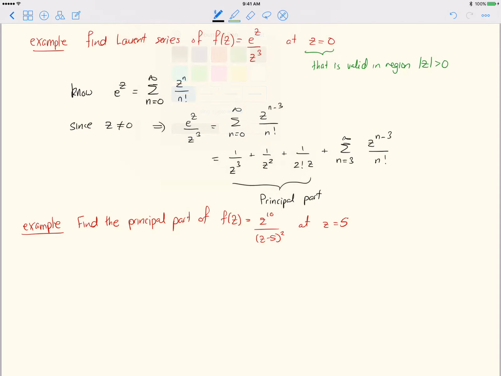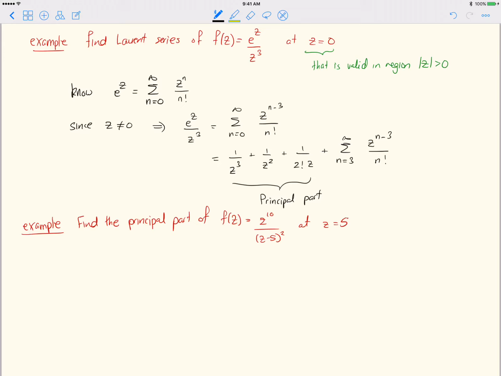Okay, so what does this question mean? I'm not interested in the entire Laurent series for the function f. I want to find the part of the Laurent series for f at z equals 5, the part which contains negative powers. That's all I want. So how do you go about this question?